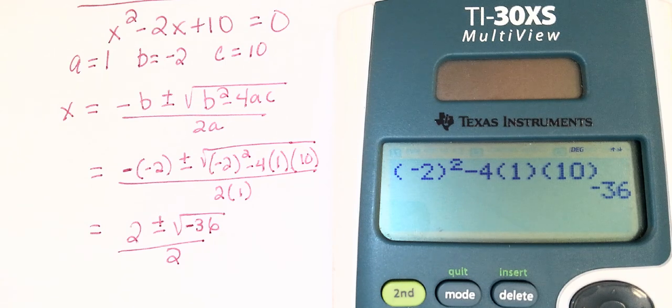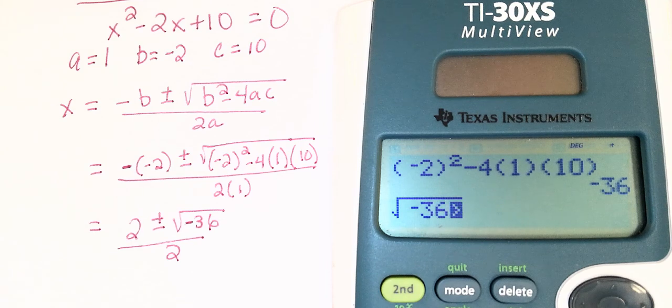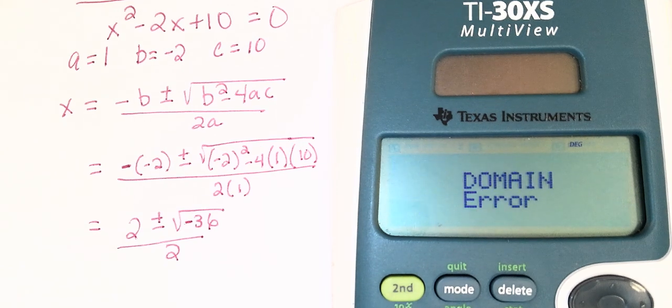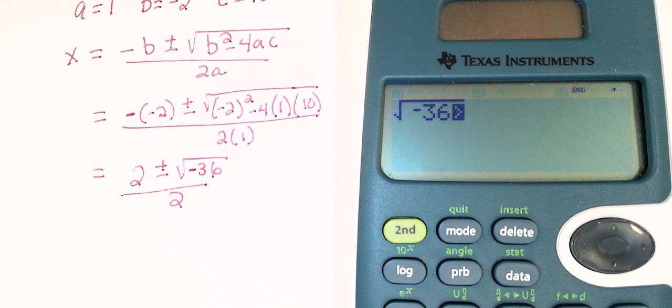What we want to do now is simplify the radical. If I was to put this directly into our calculator, what happens? That gives a domain error. And the reason is because of this negative under the square root. And we just have to remember that the negative under the square root is going to give us an i.